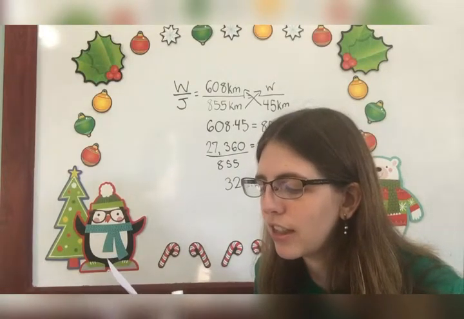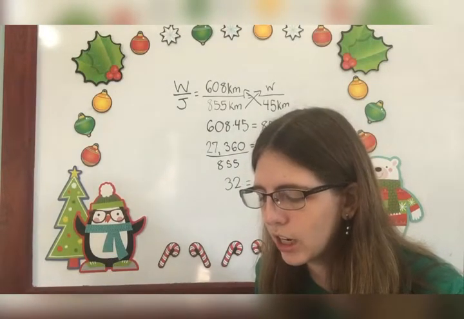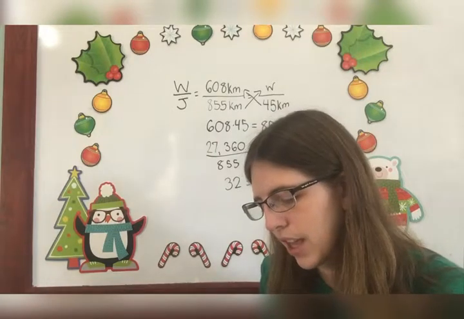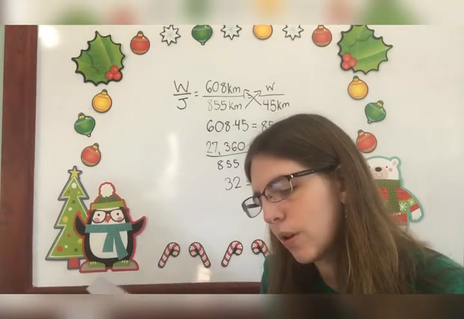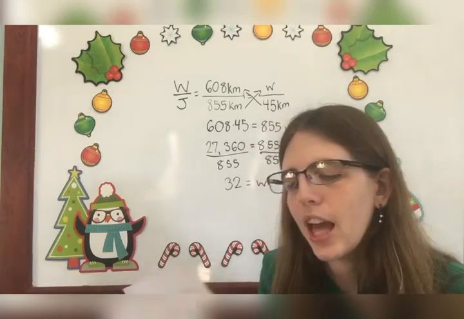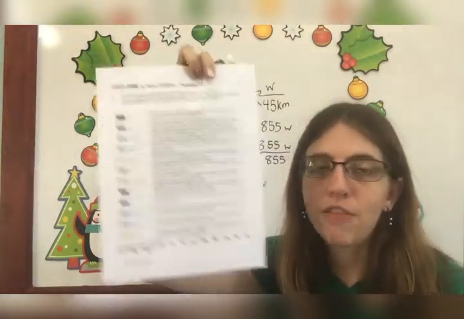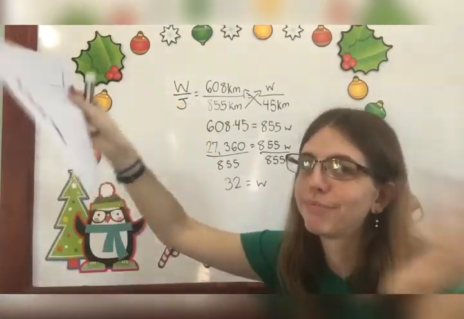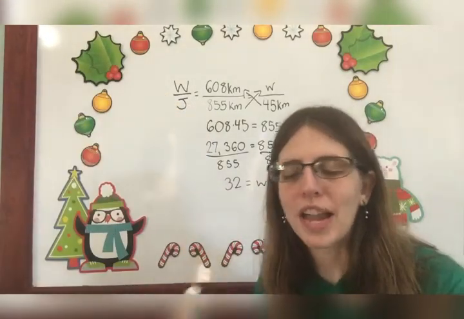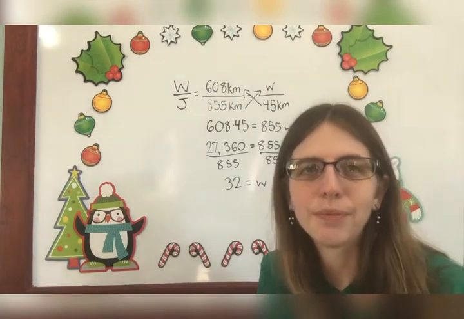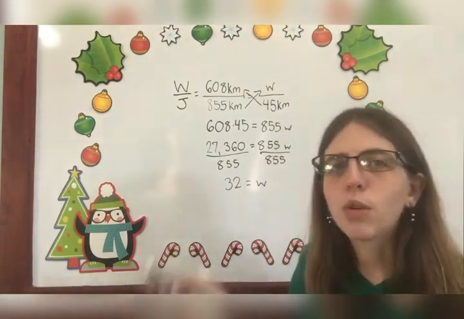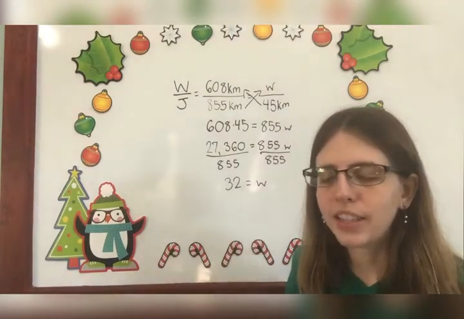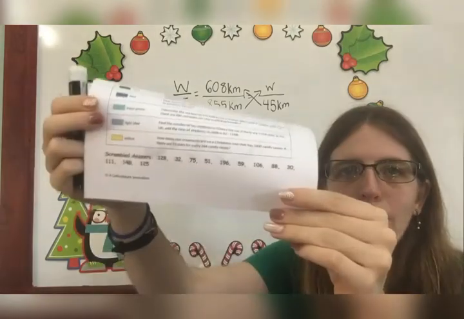I'm looking around. I don't actually see the number 32 over here. If there is no number 32, that means there's no black in that particular square. So I'm good to go. You check to make sure that you got a correct number by looking down here. It says scrambled answers.